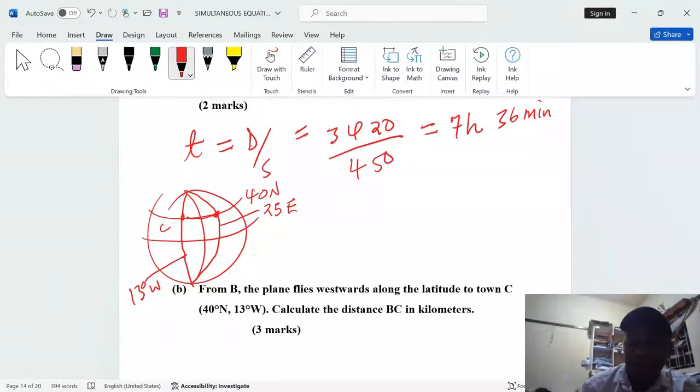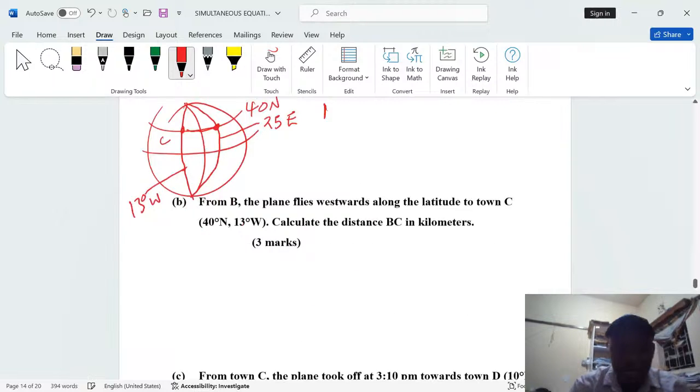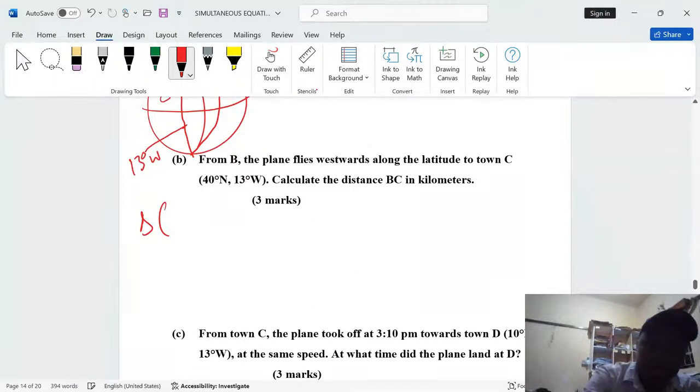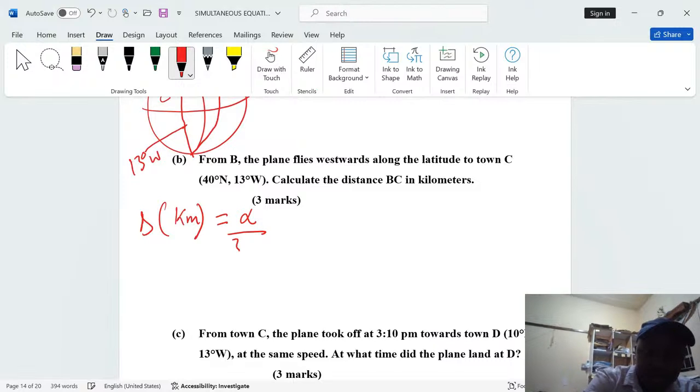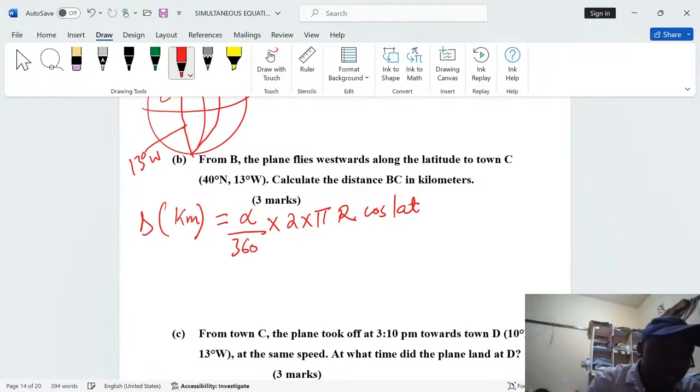Therefore, we'll be talking about distance. Distance in kilometers along a small circle will be given by angle difference divided by 360 times 2 times pi times capital R cosine of the latitude where the two places are.